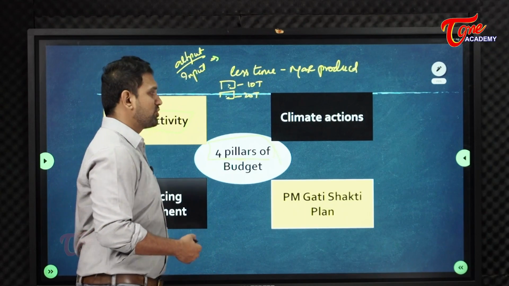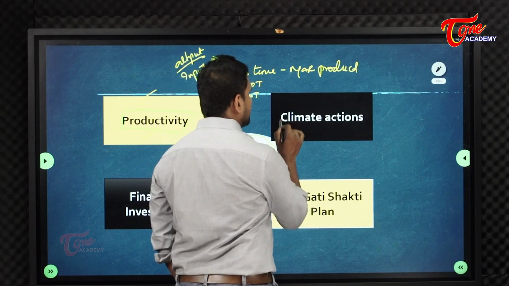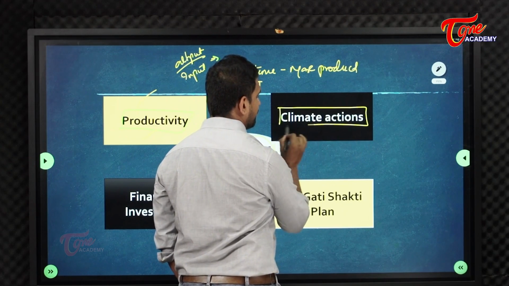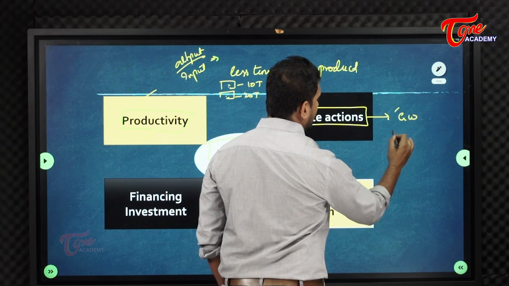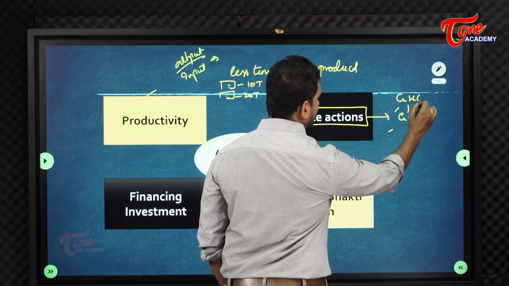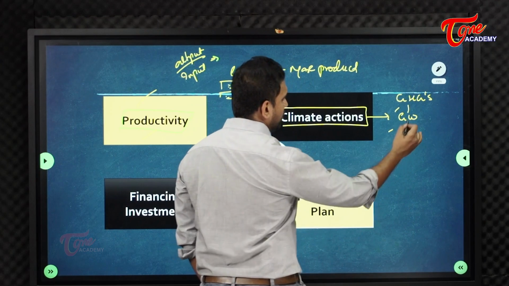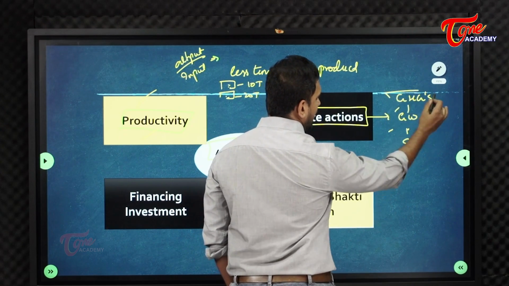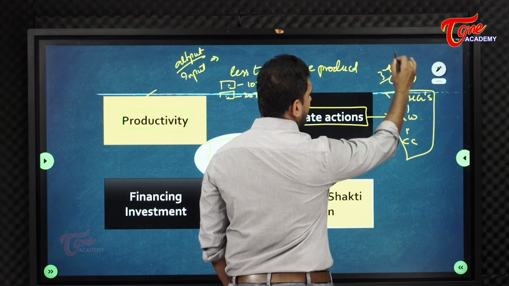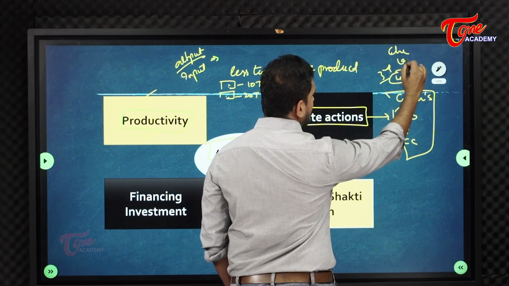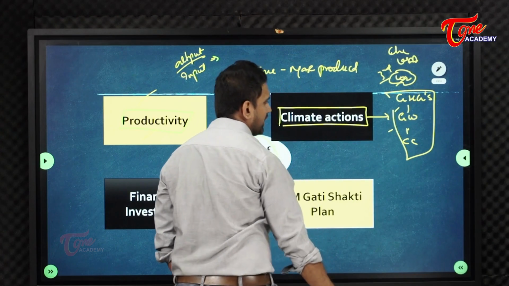Next pillar, the government has said, is climate action. As you know, the world is suffering from global warming and the emission of a lot of greenhouse gases. Global warming is leading to climate change. India is the 3rd largest carbon dioxide emitter: China is first, USA second, then India itself.